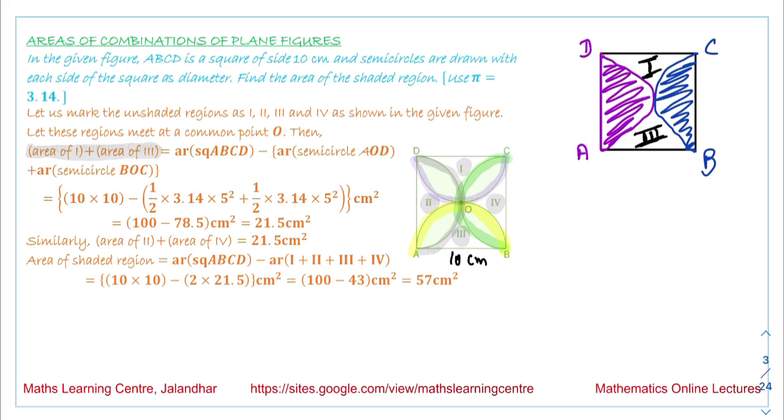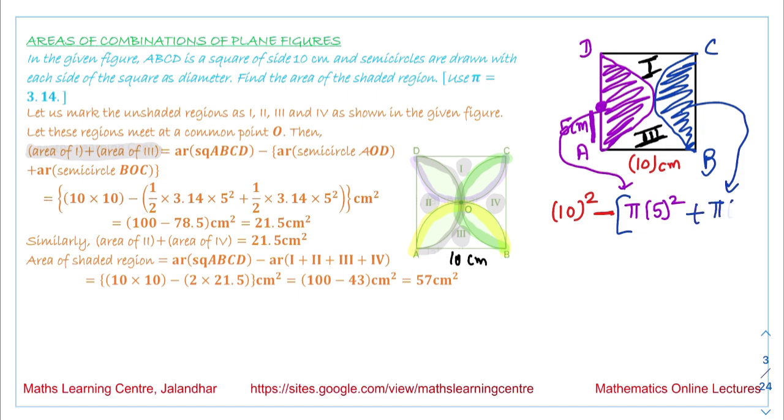So the length of the side of the square ABCD is 10 centimeter. So the area of the square is 10 square minus the area of this semicircle. The radius of this semicircle will be 5 centimeter, so it is pi into 5 square. And the area of this semicircle is also pi into 5 square. So if from the area of this whole square we subtract these two areas, we are left with area 1 plus area 3.